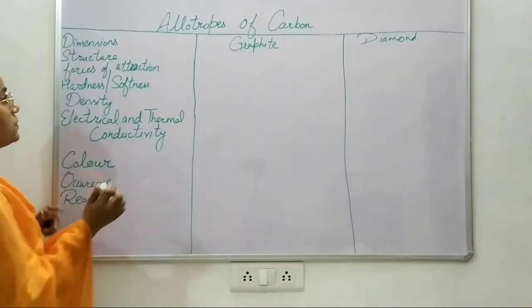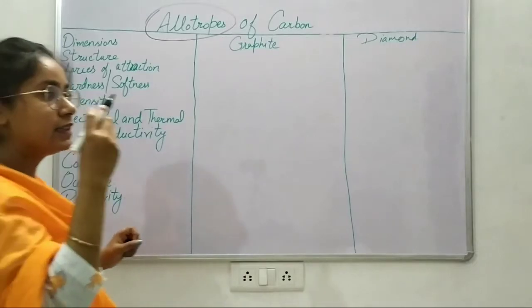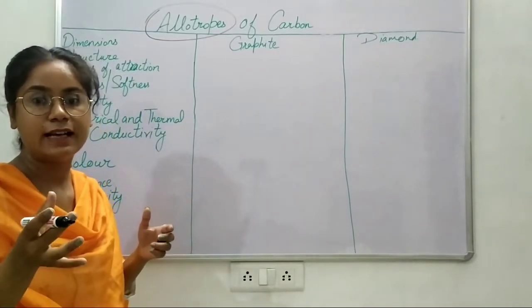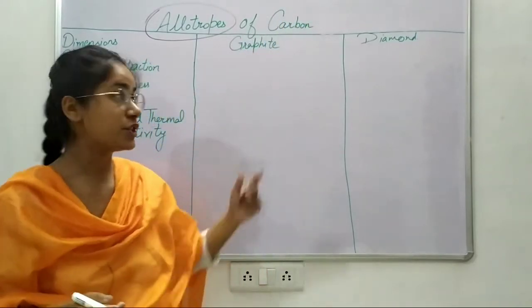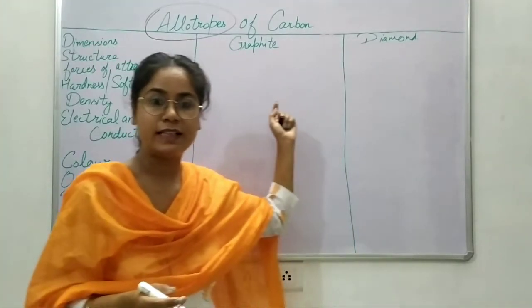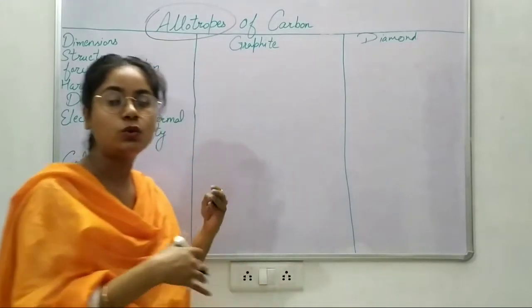Allotropes are different physical forms of the same element. For example, we are talking about the allotropes of carbon. What are we discussing? Graphite and diamond. Now these two are made of carbon.